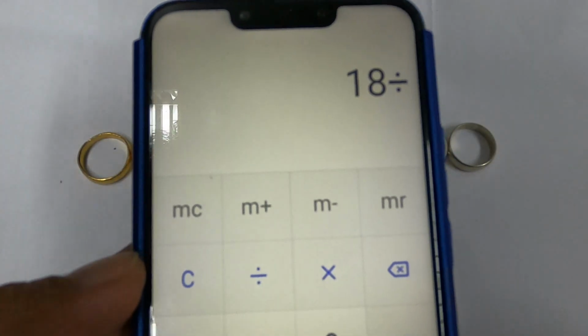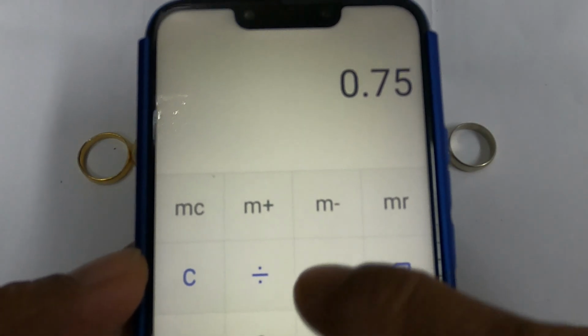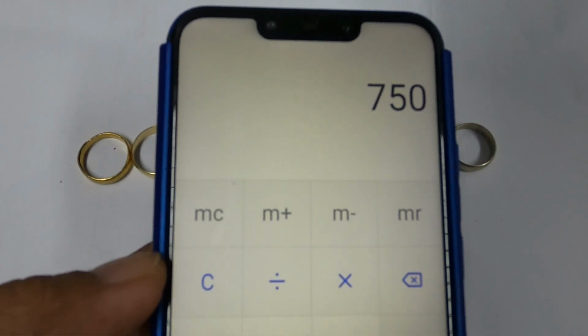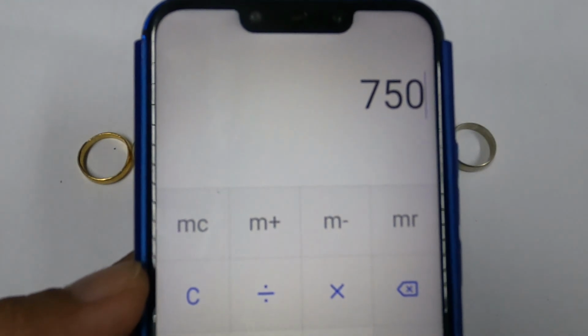18 divided by 24 equals 0.75 or 750. That is why you always see 750 on your 18 karat gold, right?